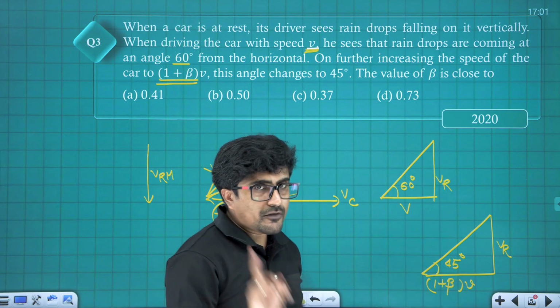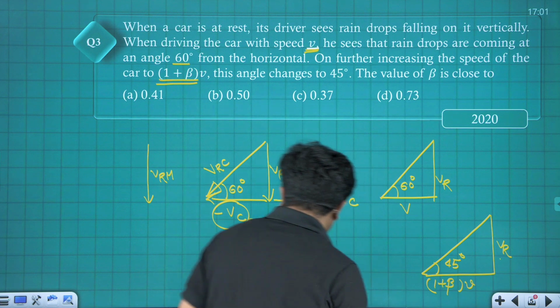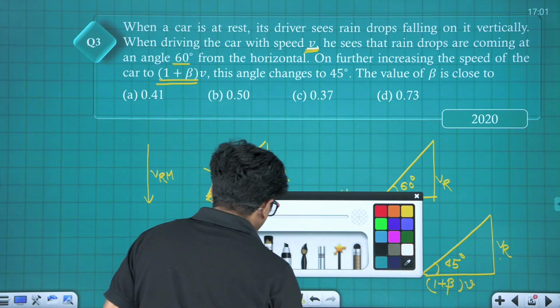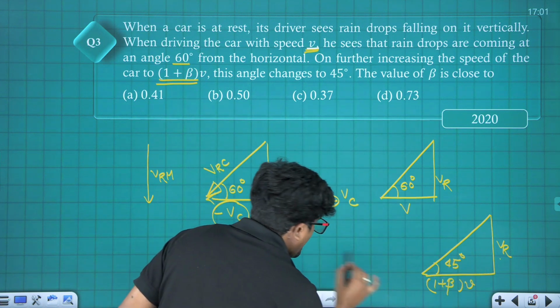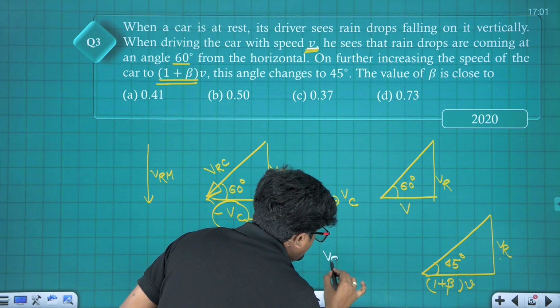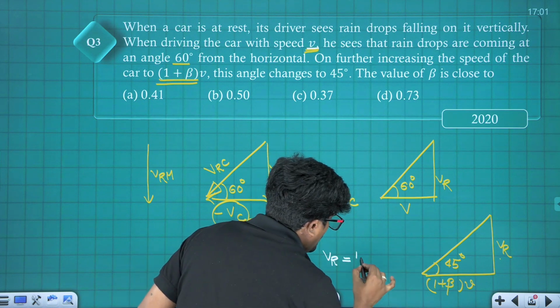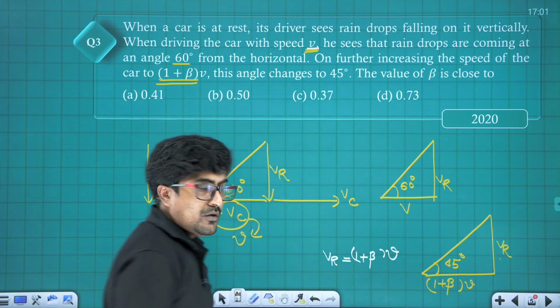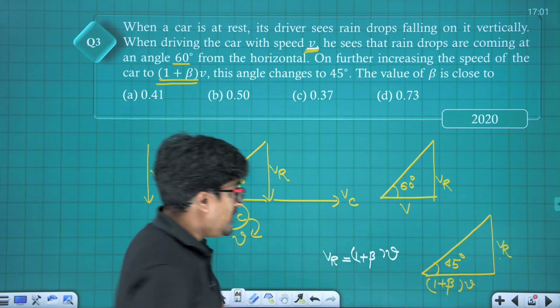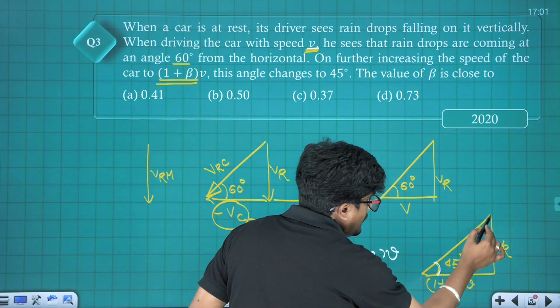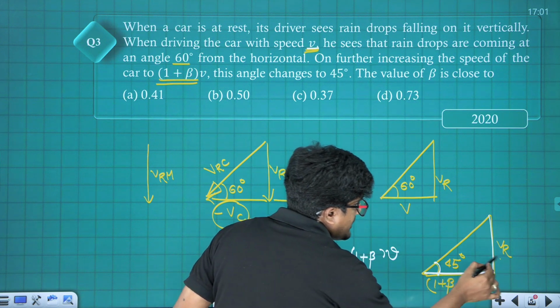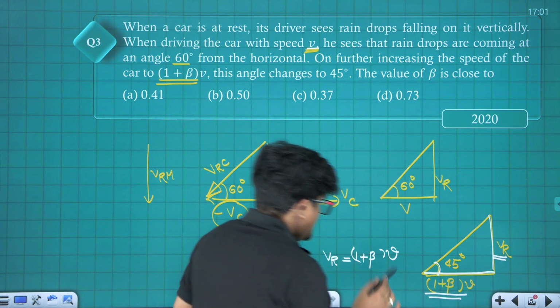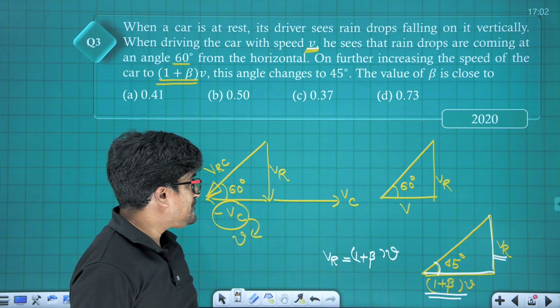We all know that tan of 45 is 1, which means from here I can come to a conclusion that VR is equal to 1 plus beta into V, because tan of 45 is 1 and tan of 45 is perpendicular upon base. That means this needs to be equal to this. So I substituted that condition.